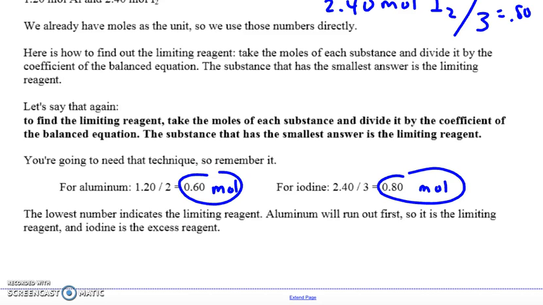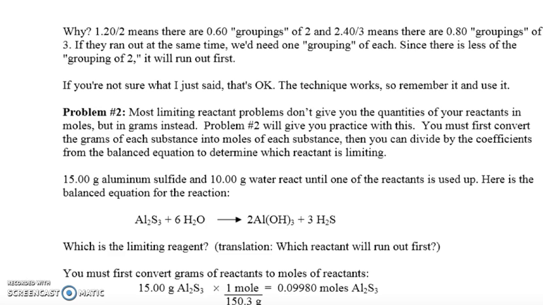Whichever one of these 2 numbers is smaller represents the limiting reactant. So the aluminum quantity is going to run out first, and therefore we call it the limiting reactant. And the iodine, therefore, is the excess reactant. So there's a little explanation there of why it is, if you're looking for the math explanation.